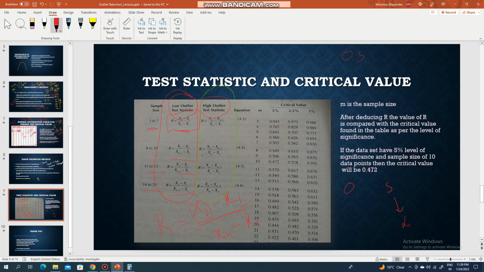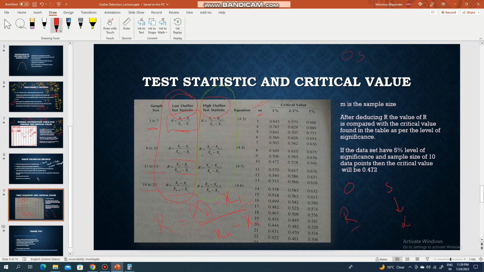Next, you have calculated your value of R for your data set. Now you have to find the critical value of R. In the case of Chauvenet it was the critical value of Z; in the case of Dixon Thompson it is the critical value of R. Here also you will use this table, and this M is the sample size.